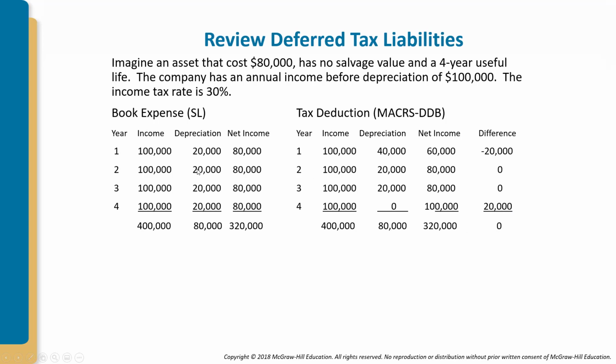So this whole issue between book expense and tax deduction for this depreciation is just a timing difference. And so what we're going to be doing now is we're going to be thinking of our differences always from the standpoint of GAAP. Okay, you want to imagine what we're doing.